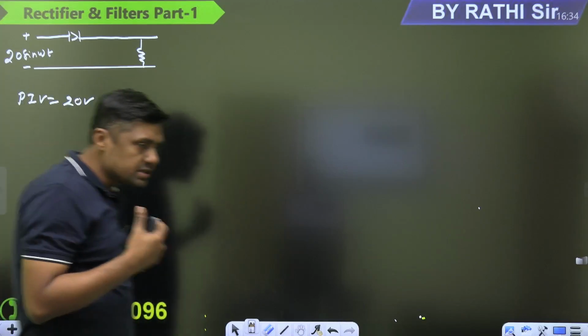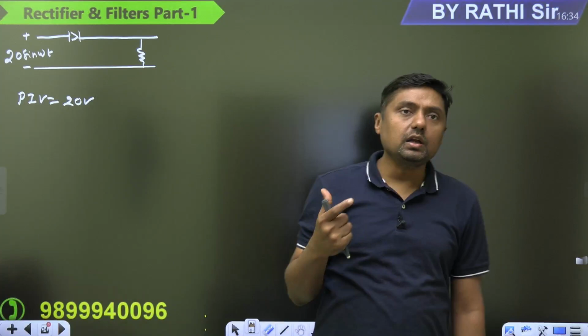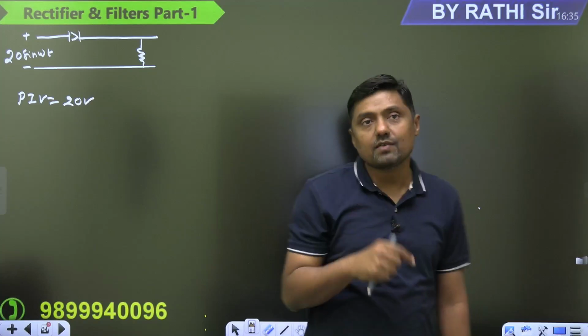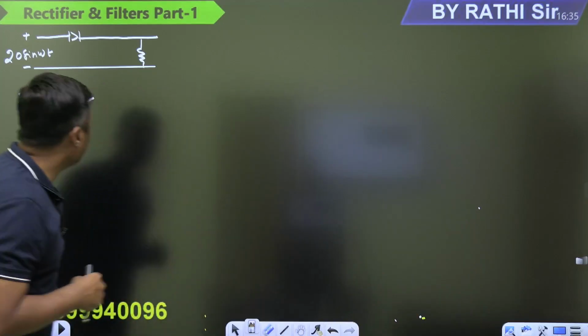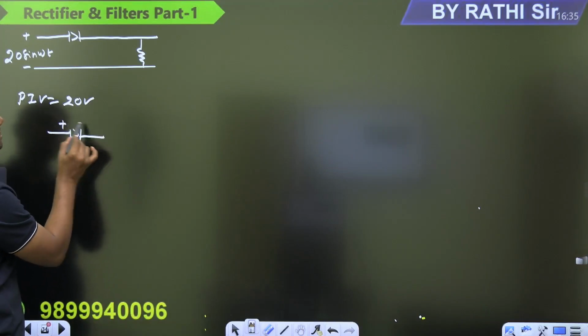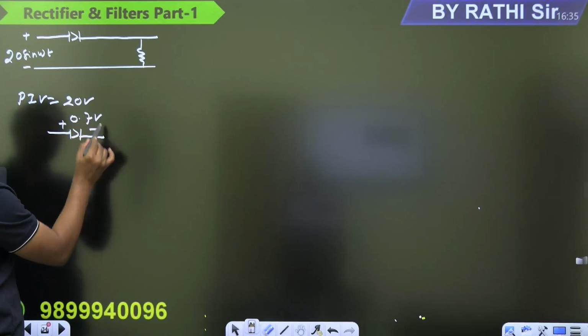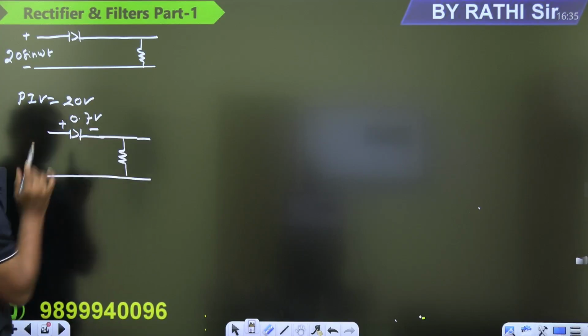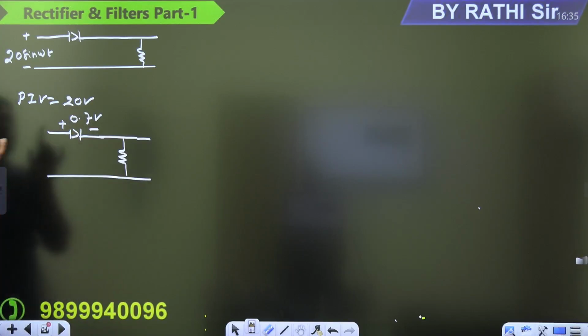Now, if you are considering the practical diode, what is the drop across the diode when the diode is forward biased? 0.7 volt. We are just ignoring this drop of 0.7 volt. That is called the cut-in voltage or knee voltage, and it will take 0.7 volt when it is forward biased.